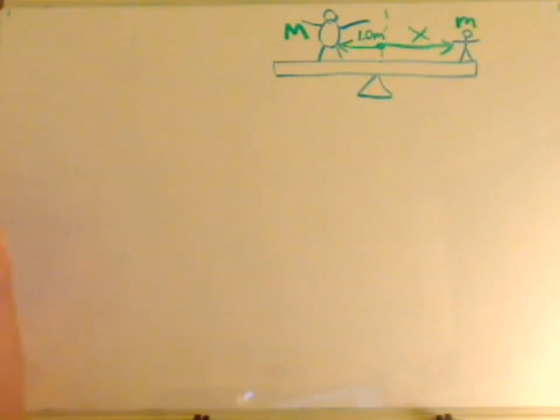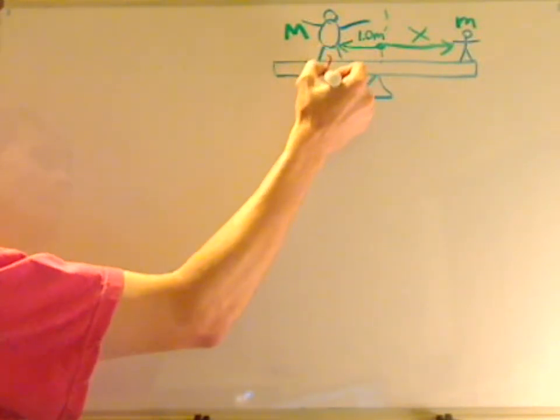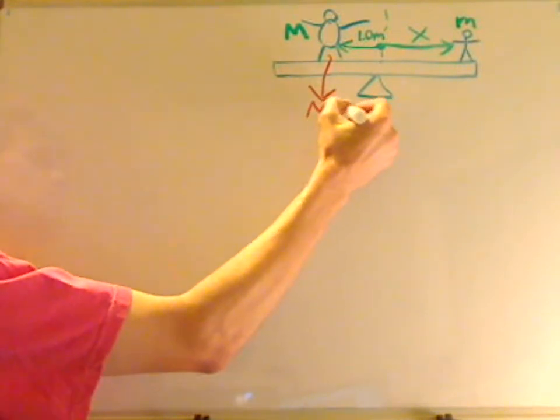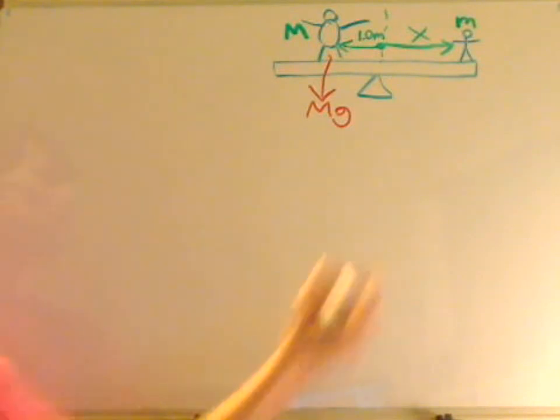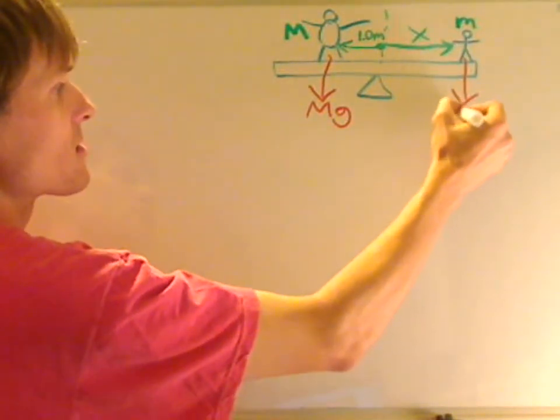So what are the forces acting on this seesaw then? Well, we have the gorilla's weight acts downward here with the force of big M G. The person's weight acts downward with a force of little m G. But there's one more force here acting on our massless seesaw.